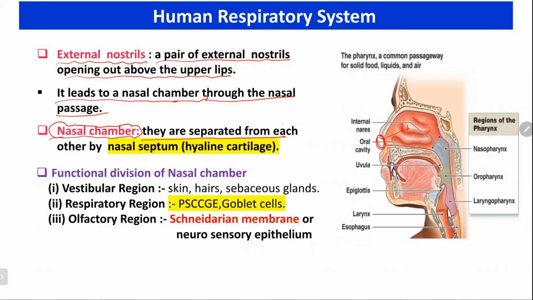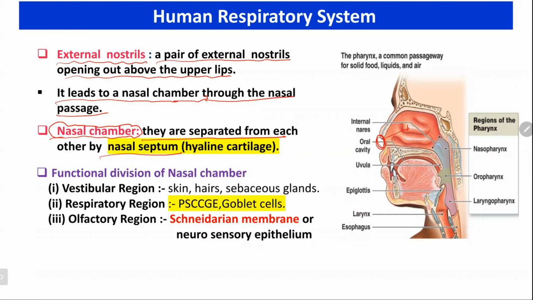See again, this nasal chamber is one big chamber into which the external nostrils open, and this chamber is internally separated, right, into two compartments, and this separation is by nasal septum. So that is what you need to remember, most important.